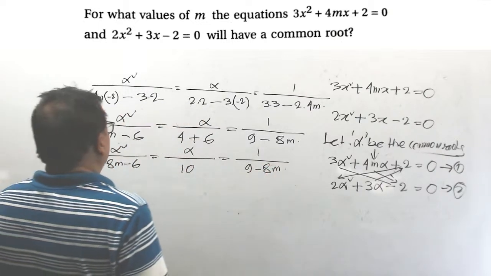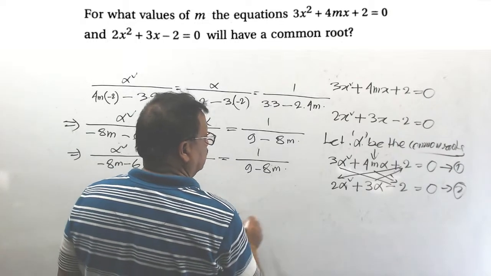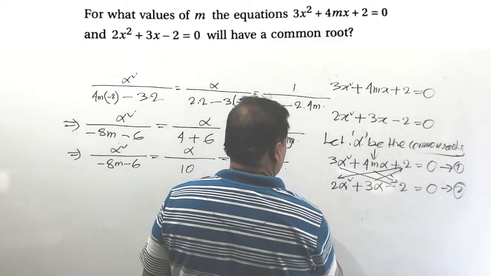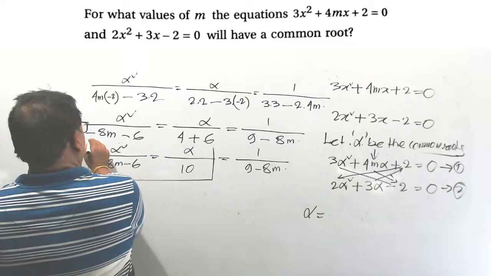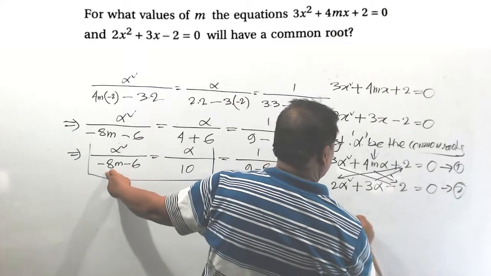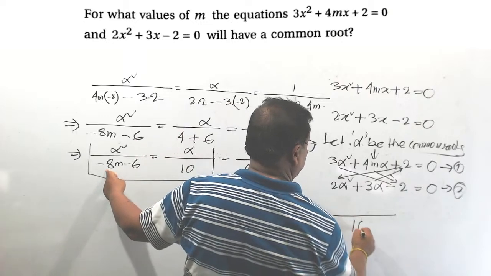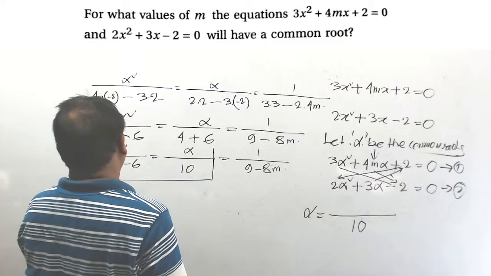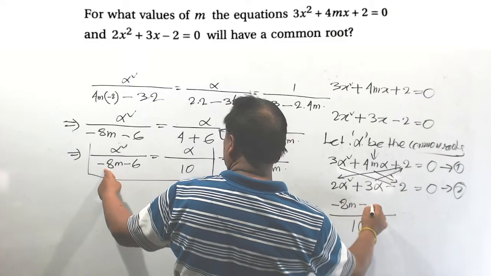Okay, now comparing these two first, what are we getting? Taking this first, alpha is equal to what? In below it will remain 10, then it will go top, 8m minus 6.